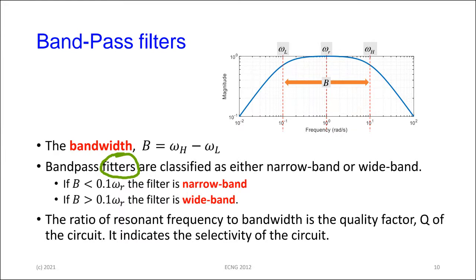The omega R would be the carrier. So if you're tuning into 97.1 megahertz, omega R is 97.1, but the bandwidth is very, very narrow around that, something like plus or minus 200K.